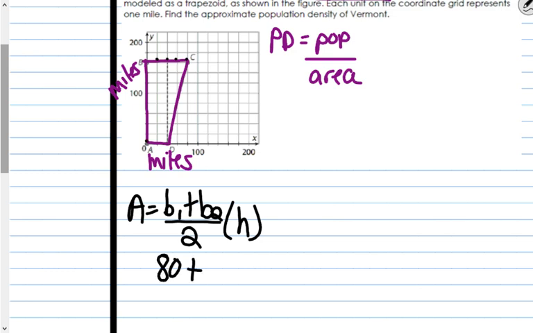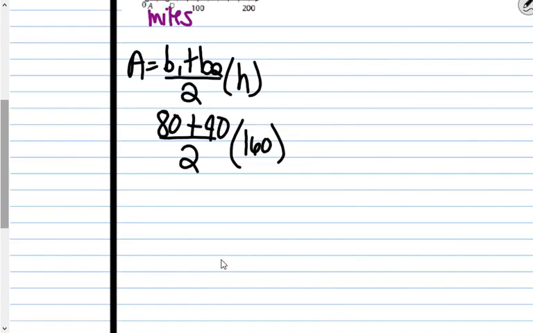And the lower base is 40 miles. And Vermont is 20, 40, 60, 80, 100, 120, 140, 160 miles tall. So 80 plus 40 is 120, divided by 2 is 60. So 60 times 160, and we have 9,600 square miles. So that's the area of Vermont.